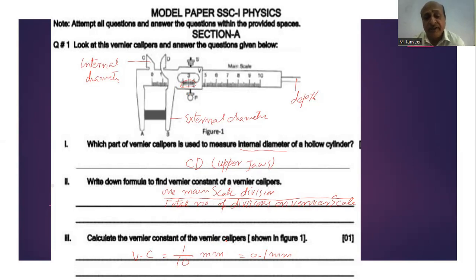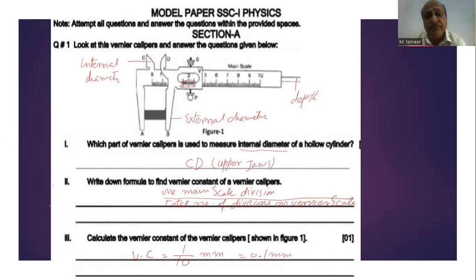So in section A, a vernier caliper was given. First is which part of the vernier caliper is used to measure the internal diameter: the upper jaws, or you can write CD. Second is to write down the formula to find the vernier constant: 1 main scale division divided by the total number of divisions on the vernier scale. Third is to calculate the vernier constant of the vernier caliper shown in the figure.